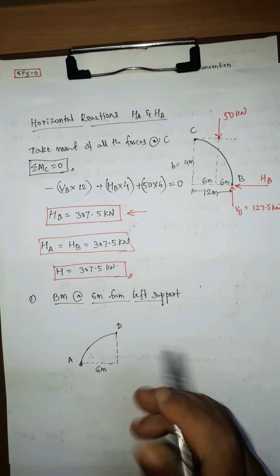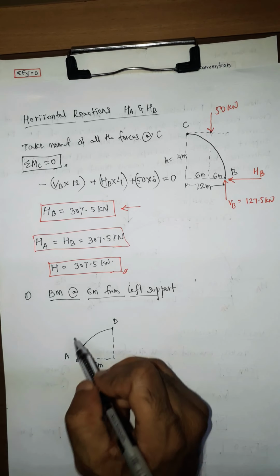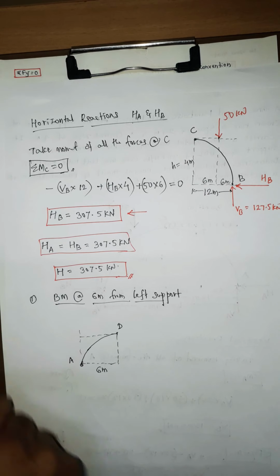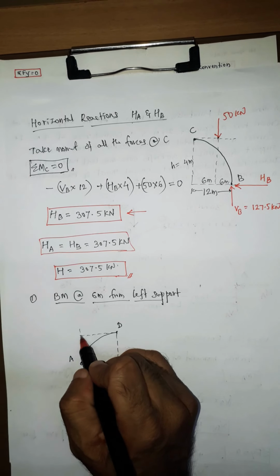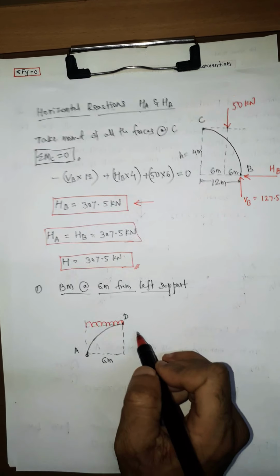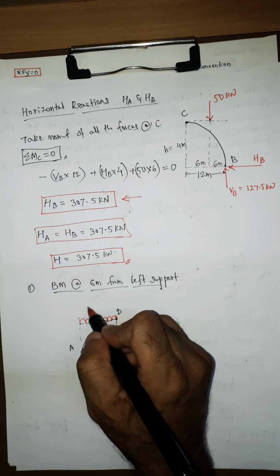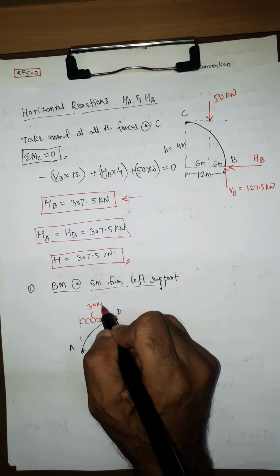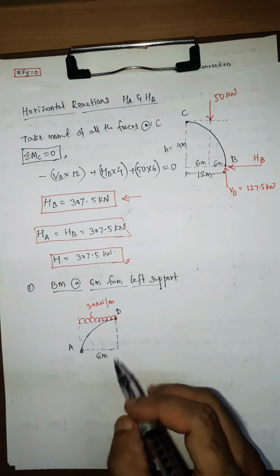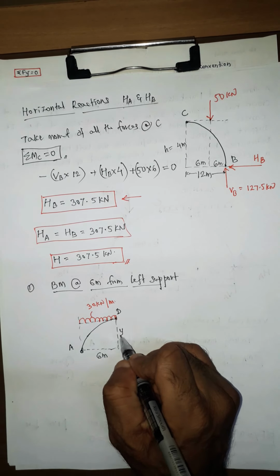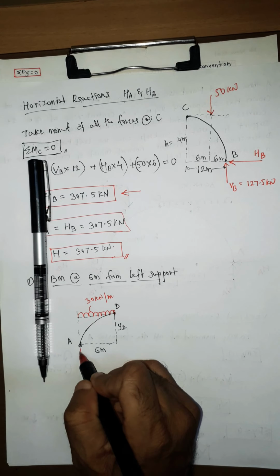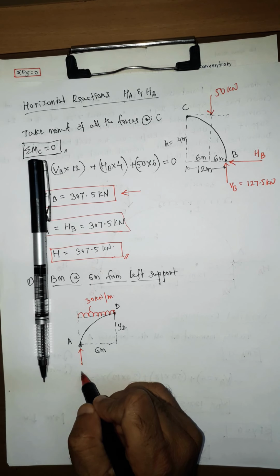This is 6 meter, and this is the UDL, which is 30 kilonewton per meter. This ordinate we don't know. Let us write this as YD, vertical ordinate.